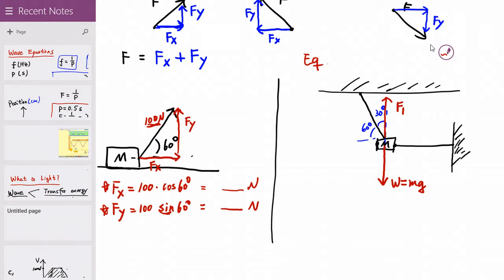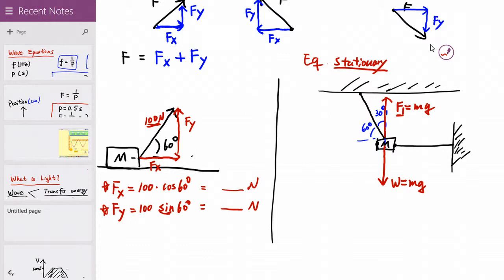Just remember this force, F1, is not the normal force because the object is not in contact with any surface. So in this case, there will be no normal force. Because the system is stationary, F1 must be the same as the weight force.